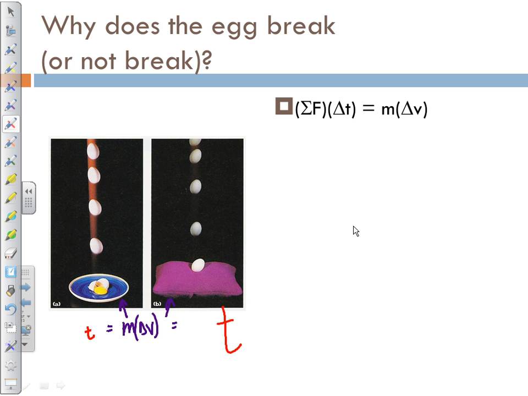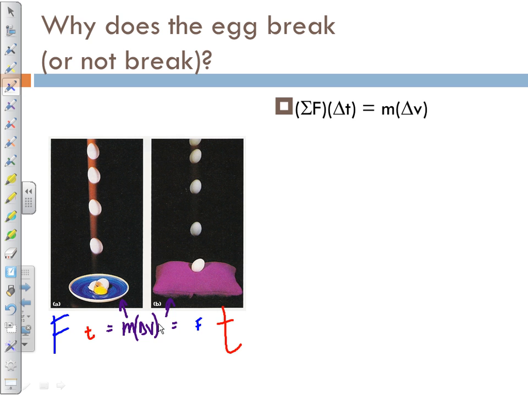We only have to apply a small amount of force. Why? Because we have a whole long time to stop it, right? But in the picture on the left with the plate, because we have to stop that egg very quickly, right? How much force do we have to apply? A lot of force, right?